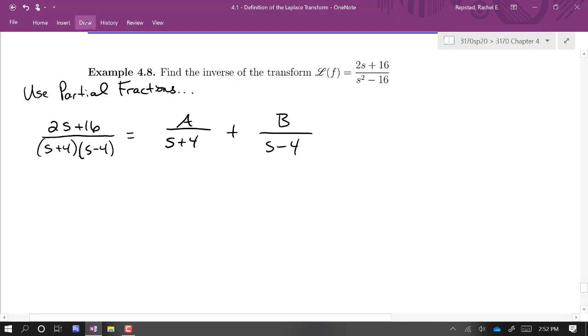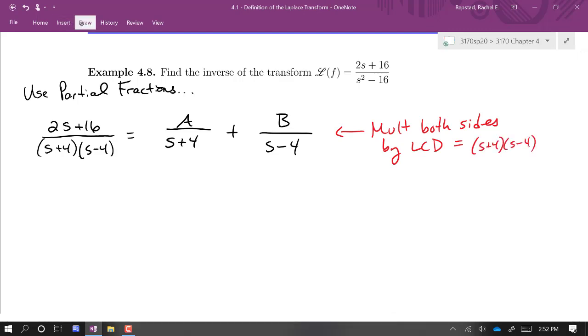We're going to multiply both sides by the LCD, which is, of course, s plus 4, s minus 4. When we do that on the left, the whole denominator cancels. We get 2s plus 16. On the right, we're going to distribute that factor, and at first we're going to get, for that first term, a times s minus 4, and for the second factor, b times s plus 4.